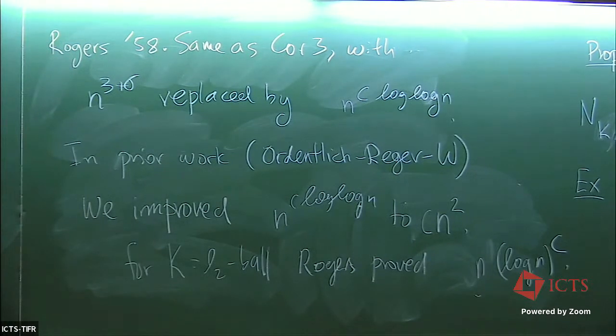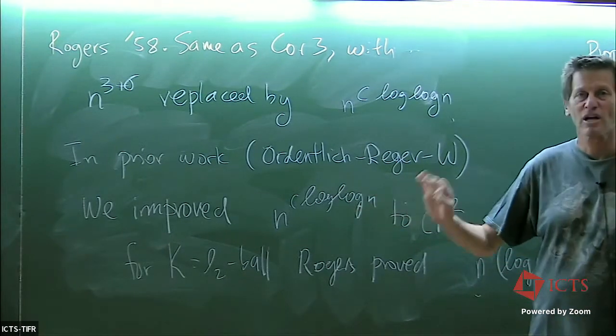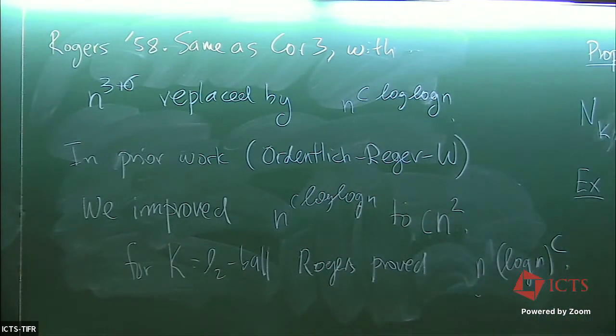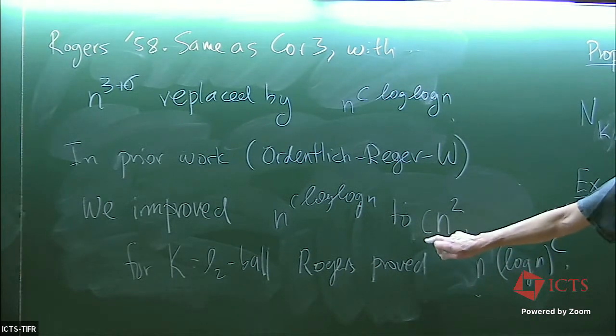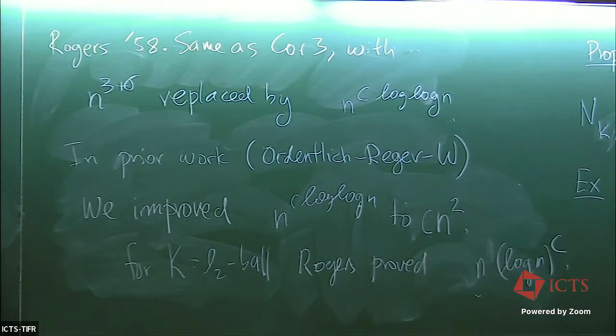So whenever I write C, I should have said that earlier. Thanks for the comment. Whenever I say C, it's not always the same C. So this C is not necessarily the same as this C, and it's not necessarily this C. I just mean some constant independent of dimension. And yes, I don't know if you meant this C, but this C is definitely greater than 1. And we have explicit formulas for these Cs.